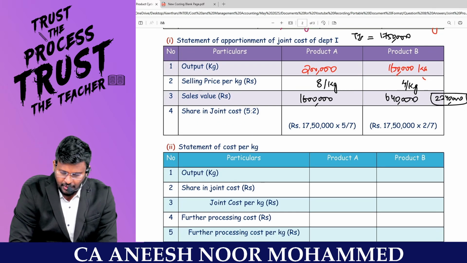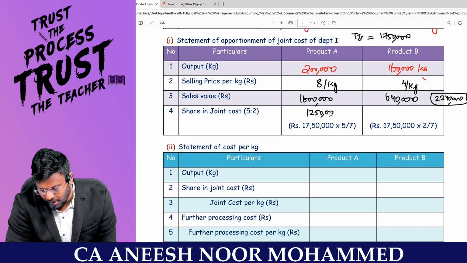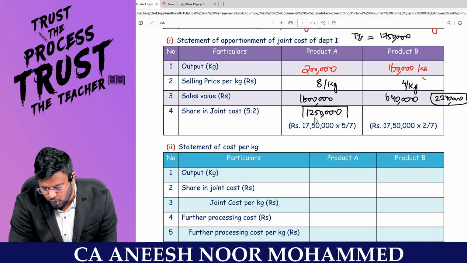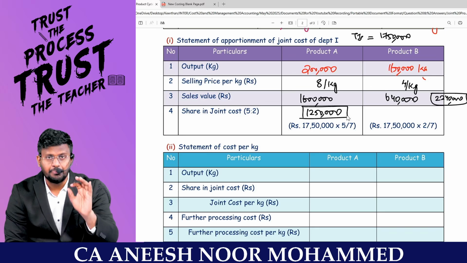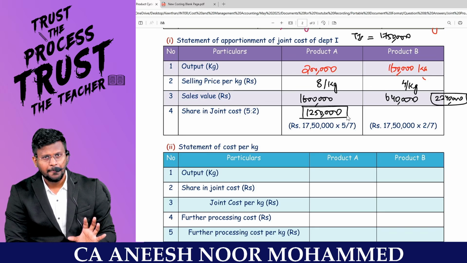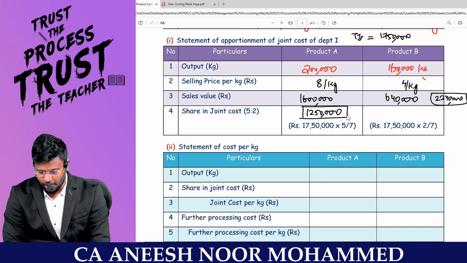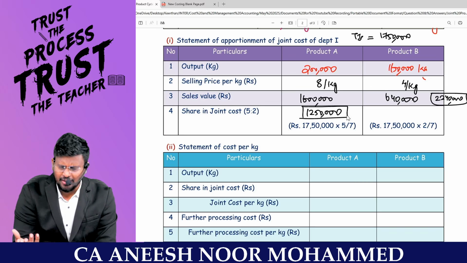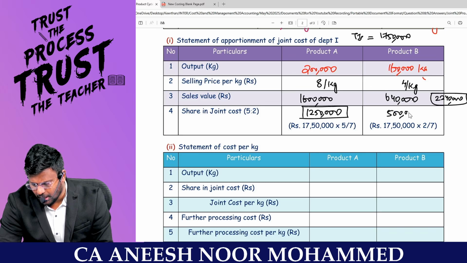So 17,50,000 into 16 lakhs divided by 22 lakh 40,000 comes to 12 lakh 50,000, which is the share of joint cost to the first product if we are splitting based upon sale value at split off point. Here the balance, which is nothing but 17 lakh 50,000 minus 12 lakh 50,000, the balance will be how much? 5 lakh. By that way, we can find out.